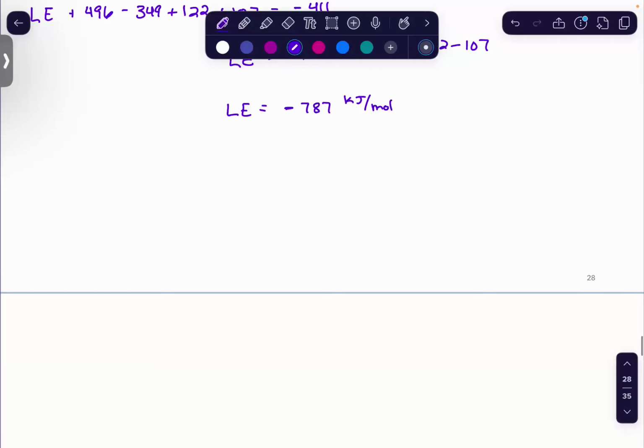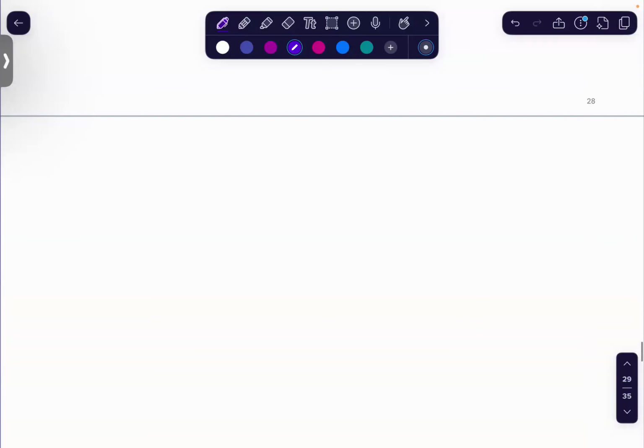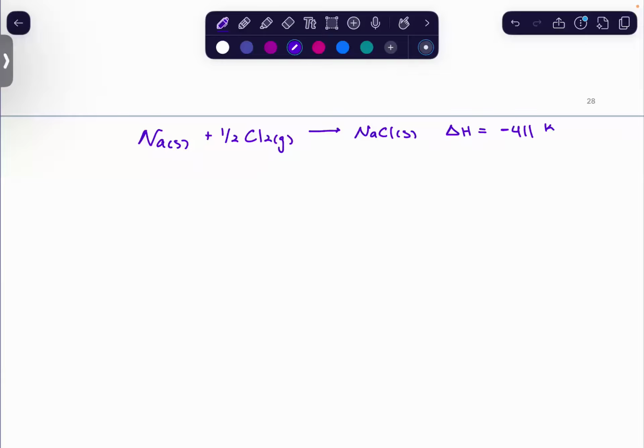Another way we could do this is we could say, well, we know the overall reaction, and we're trying to work our way towards finding the lattice energy equation.